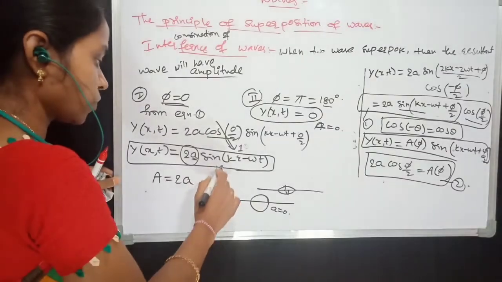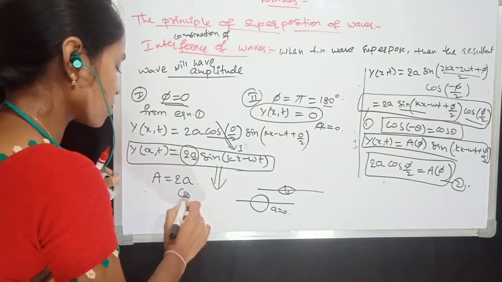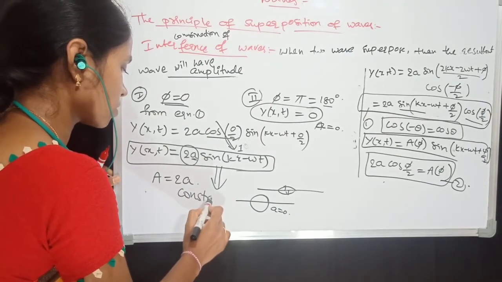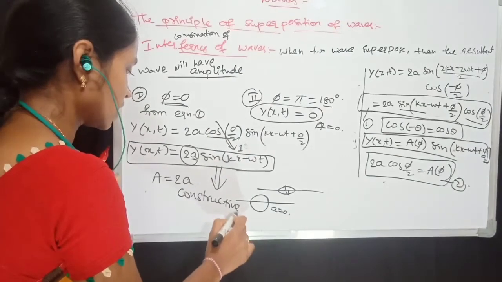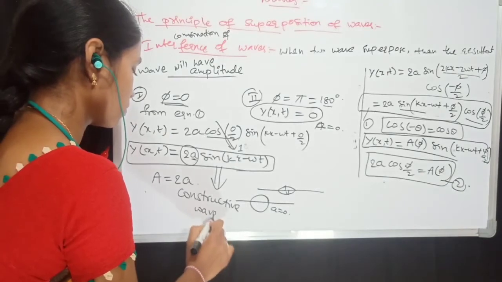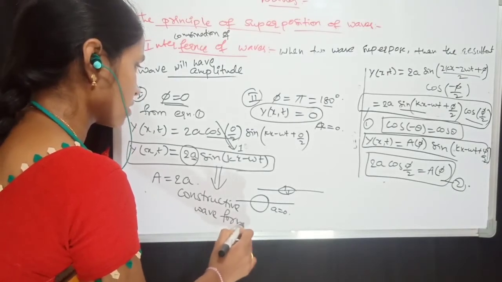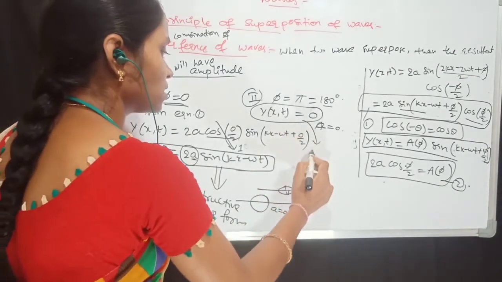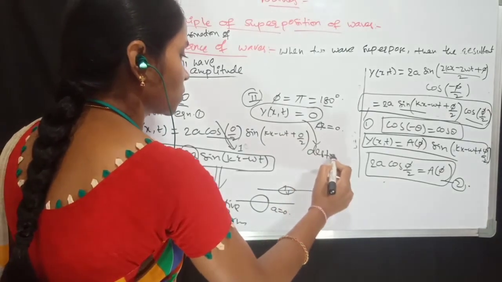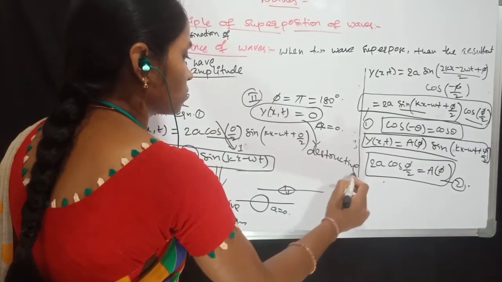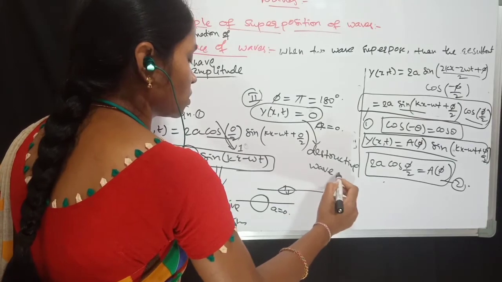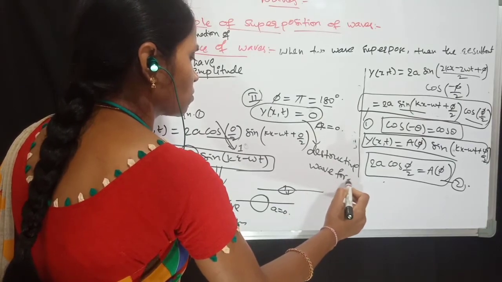And this waveform is known as constructive waveform. And this waveform is known as destructive waveform. Why?